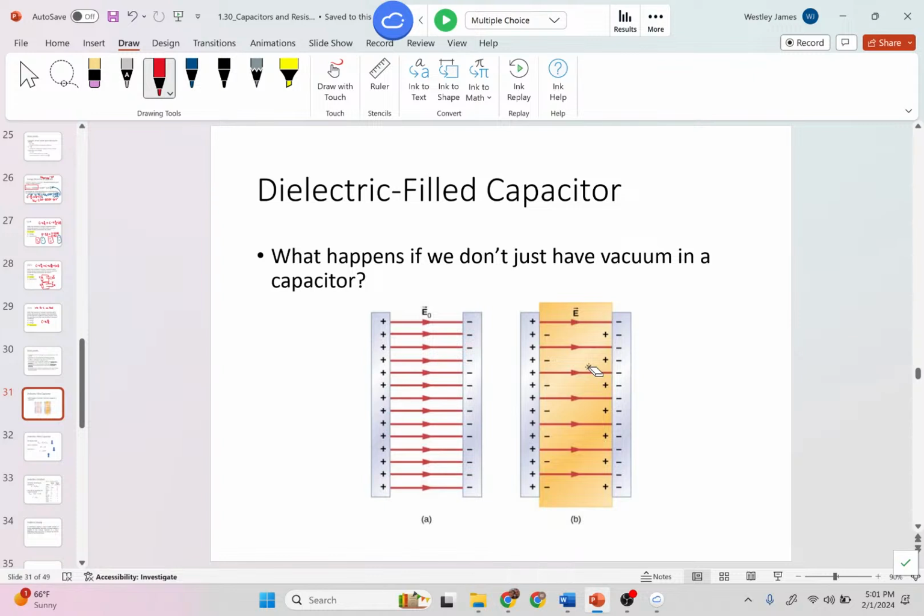Now this is a good reminder from way back in the beginning where we said, what happens if we put an insulator near an electric field, near some charges? This insulator, when we put it here, has charges in it, and it makes dipoles.